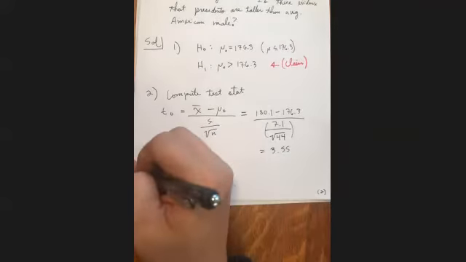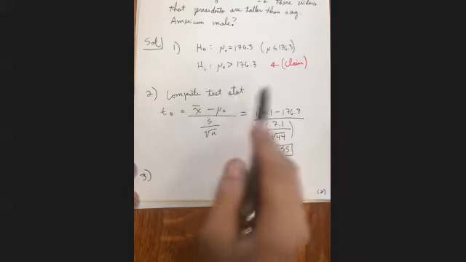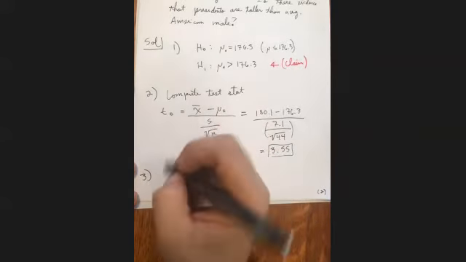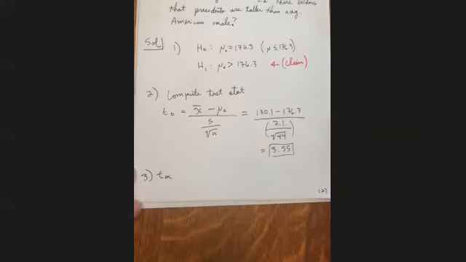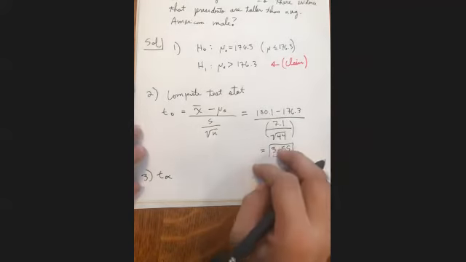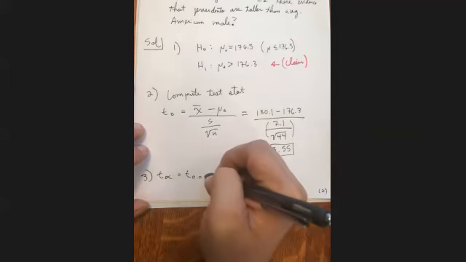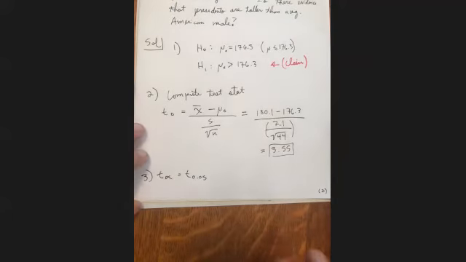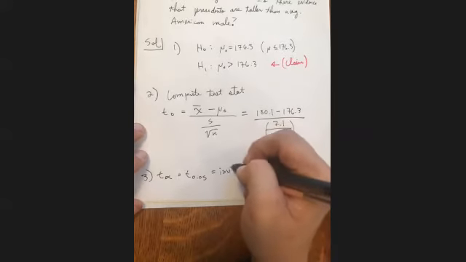Great. Now we need to compare this test statistic to the critical values. For a right-tailed test specifically, we just need to find t alpha. The alpha value has not been stated in the problem, which means we assume that alpha is 0.05. To find this, remember, we use the inverse t function.